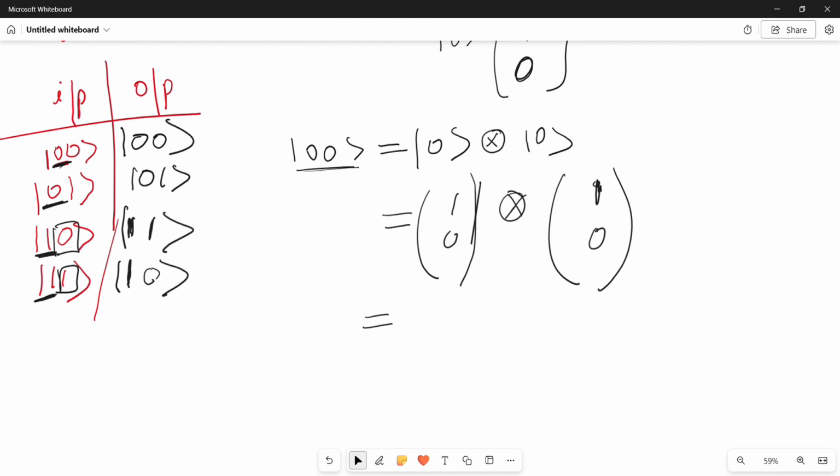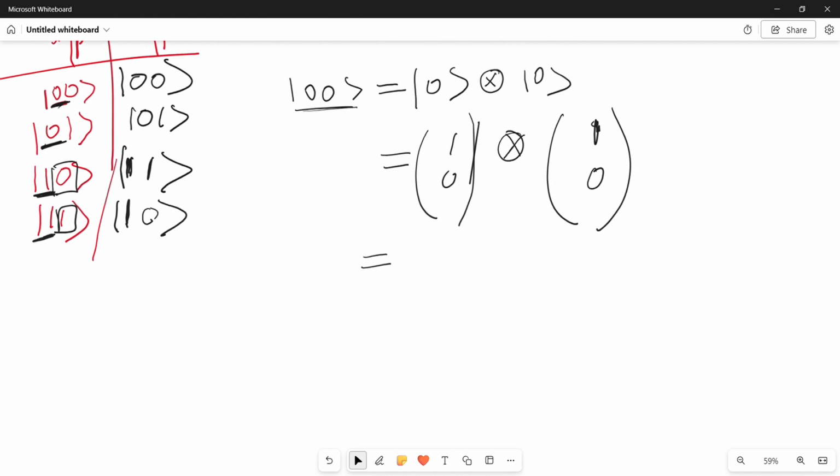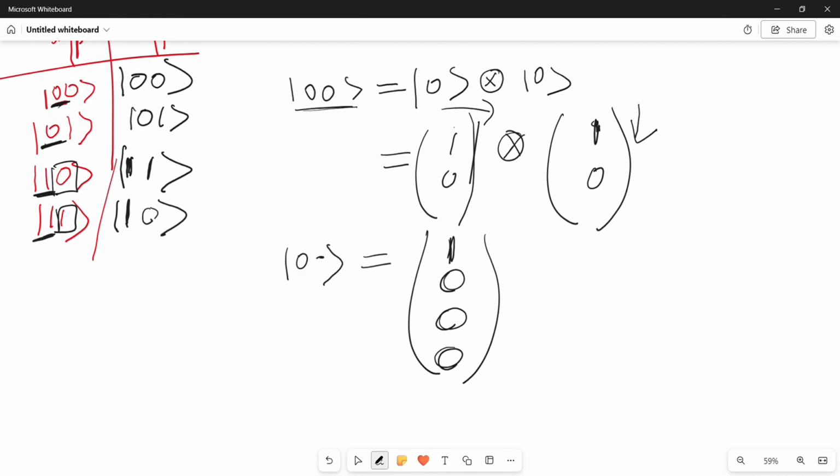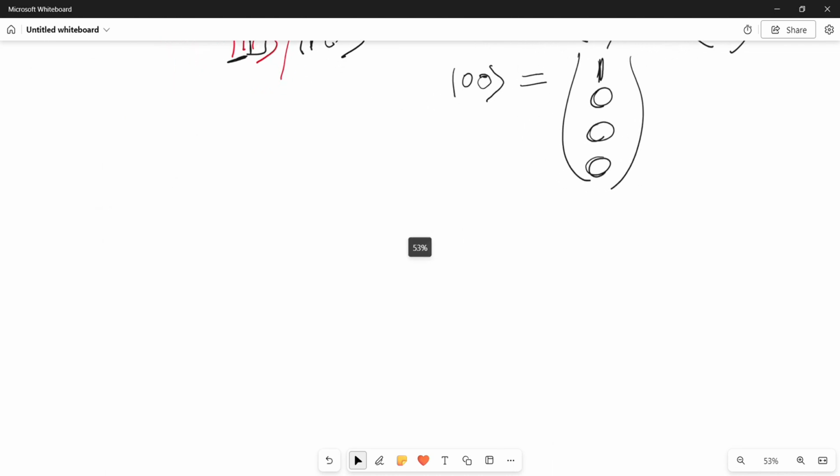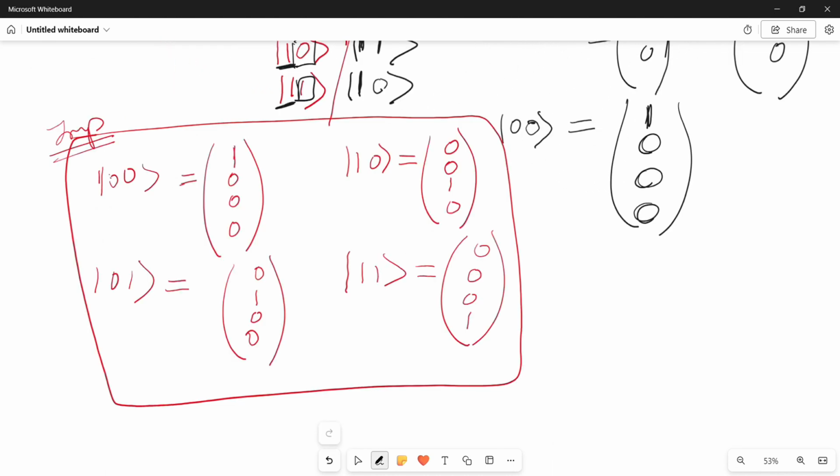What we do here is normal multiplication: 1 into 1 is 1, 1 into 0 is 0, 0 into 1 is 0, 0 into 0 is 0. This is how your matrix looks for ket 00. Let me write the matrix for all four possible combinations. This is how the representation of these 2 qubits looks in matrix format.